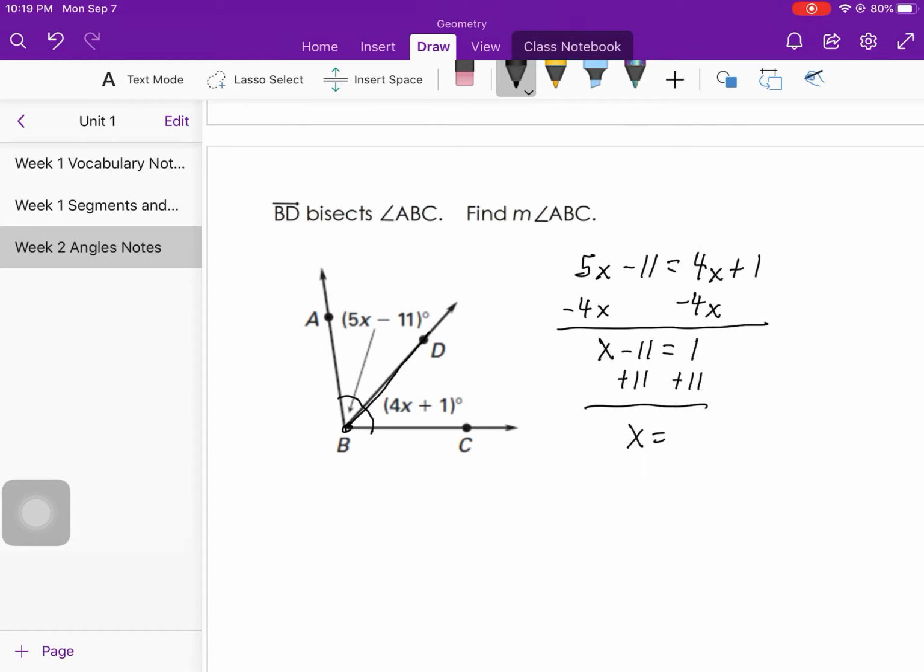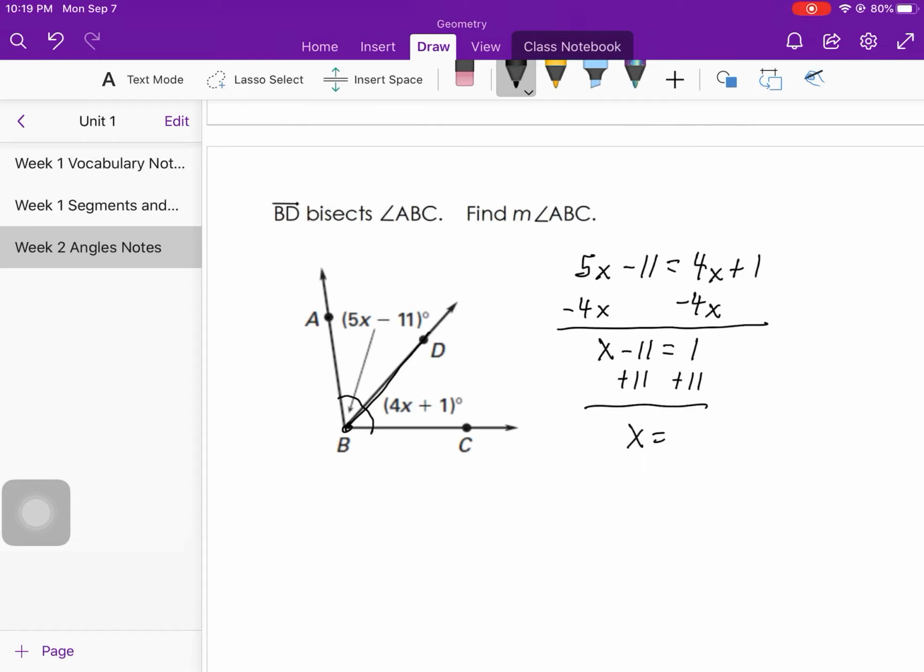Okay? Now that's nice, but x equals 12 is not the final answer. Remember, we got to plug it back in because we're trying to find the measure of angle ABC, which is the whole thing. So if I plug 12 in for the x in the top part, 5 times 12 gives me 60, minus 11 gives me 49 degrees.